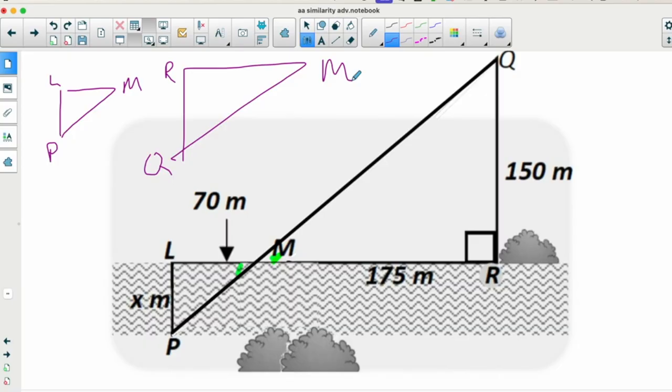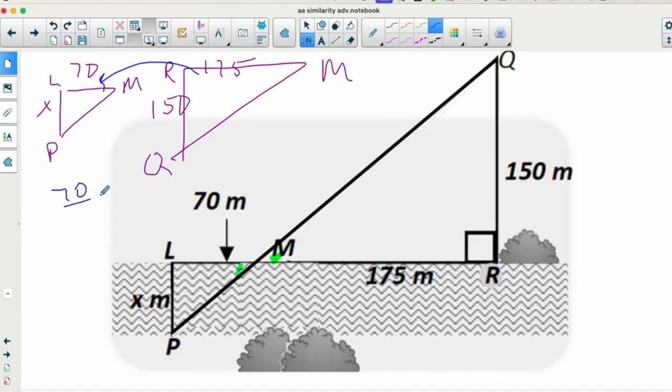And so we know LM is 70. We know MR is 175. And we know RQ is 150. And we're trying to find LP. So we want to find the scale factor from the big one to the small one this time.